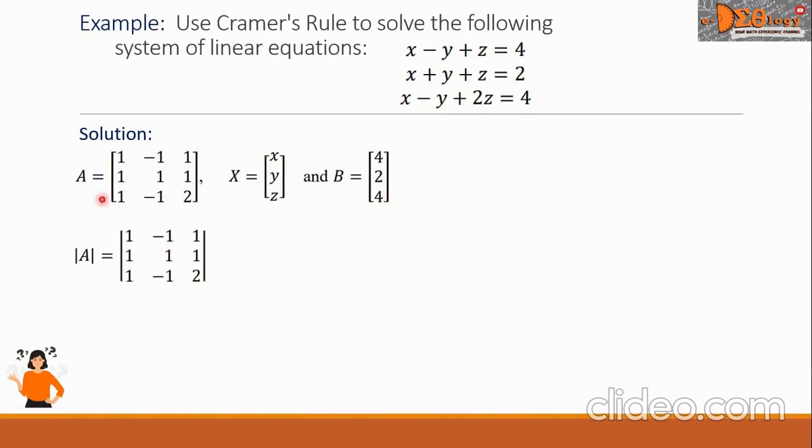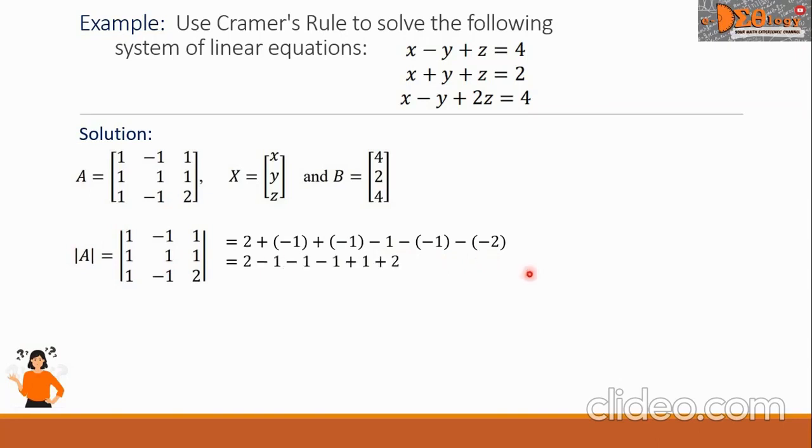Then let us check if the determinant of A is not equal to 0. Using our diagonals method, we will see that this is equal to 2 plus negative 1 plus negative 1 minus positive 1 minus negative 1 minus negative 2.